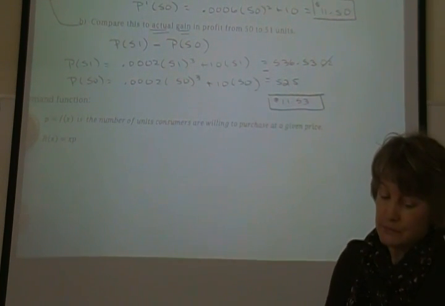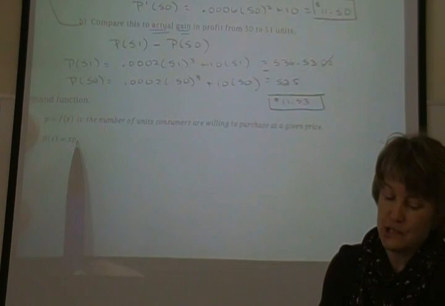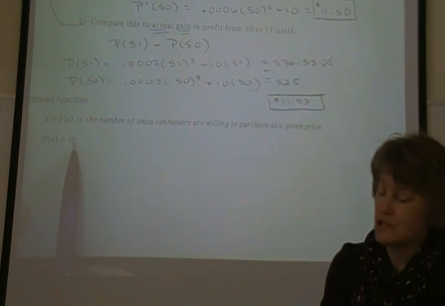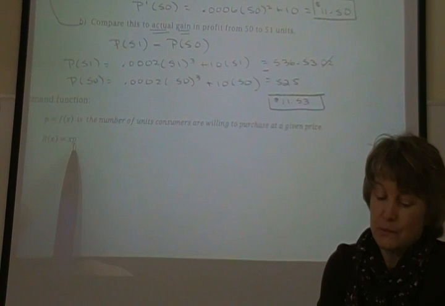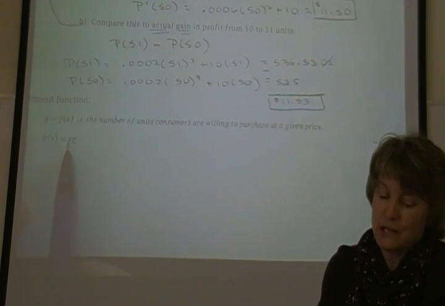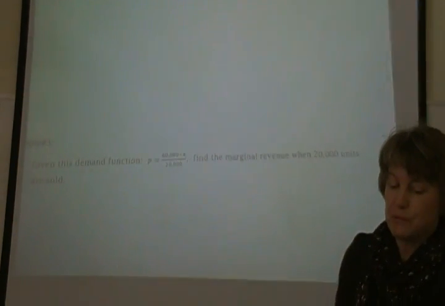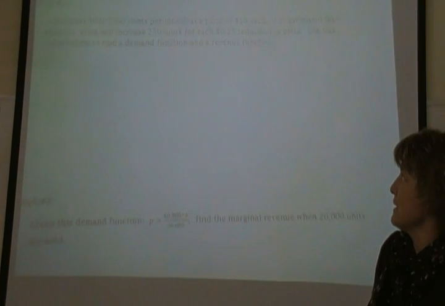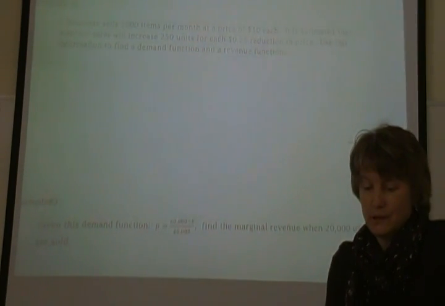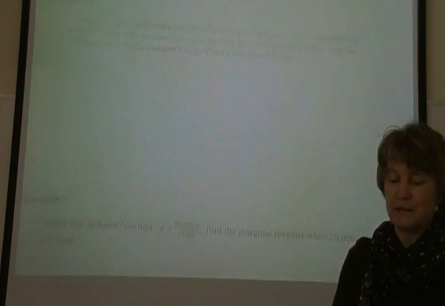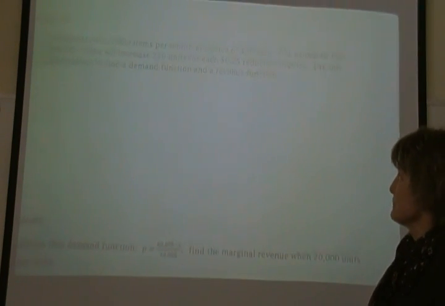And so if we're trying to come up with a revenue function, that demand function becomes a part of it. So we take the demand function times the number of units to get revenue. So here's an example of a situation where we might have to do that in order to come up with a demand function and a revenue function.